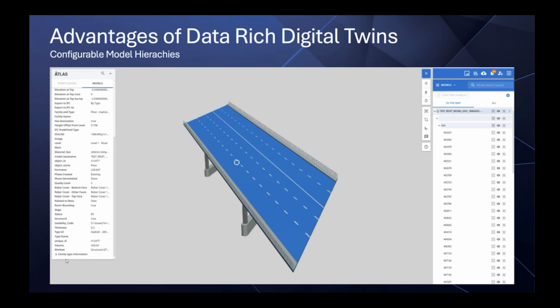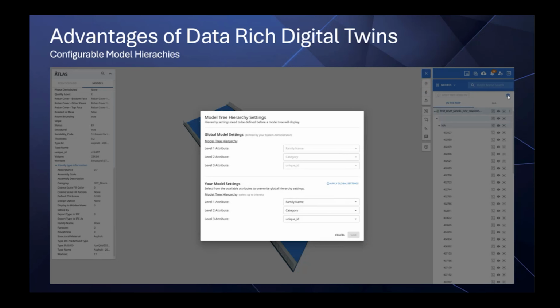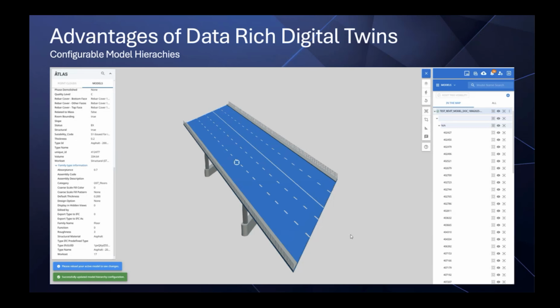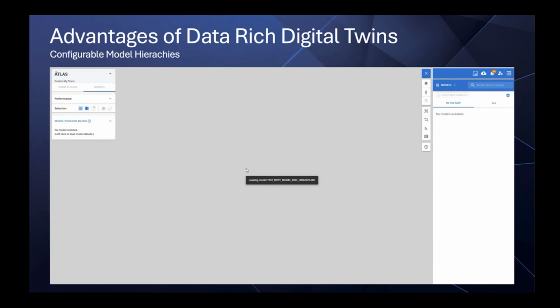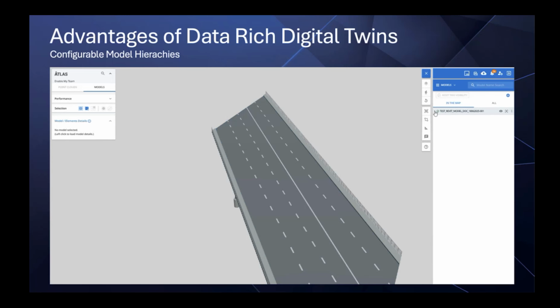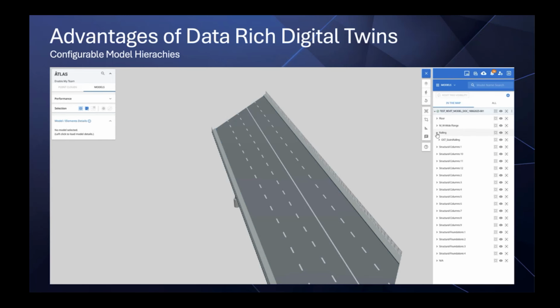So here we can see that we're identifying 3 key attributes in line with this model, and the user can then update their hierarchy structure settings within the viewer, save that, and once the model's refreshed, then you can see the new hierarchy, which provides a better context for the particular model. So another useful feature, being able to use the data that's actually held within the models in the system.